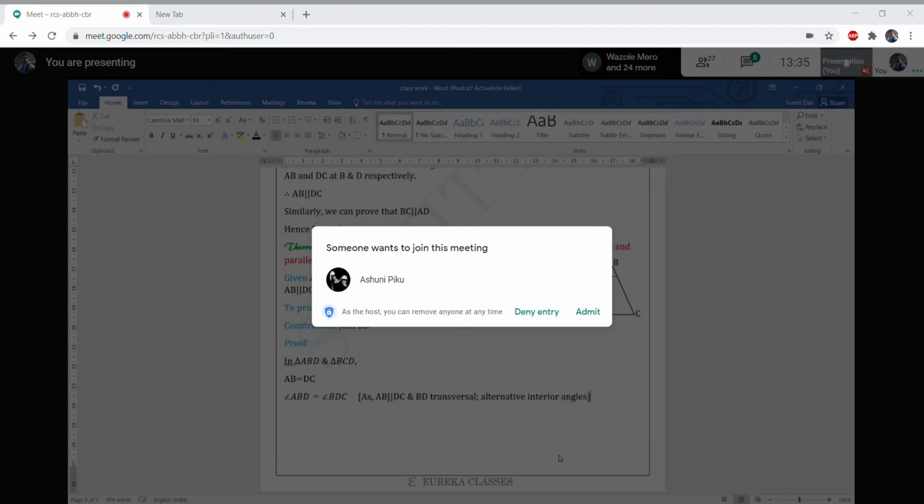Alternate interior angles. And AB equal to DC was given, so we'll write given. Then we can write BD equal to BD because this is a common side. Common sides.